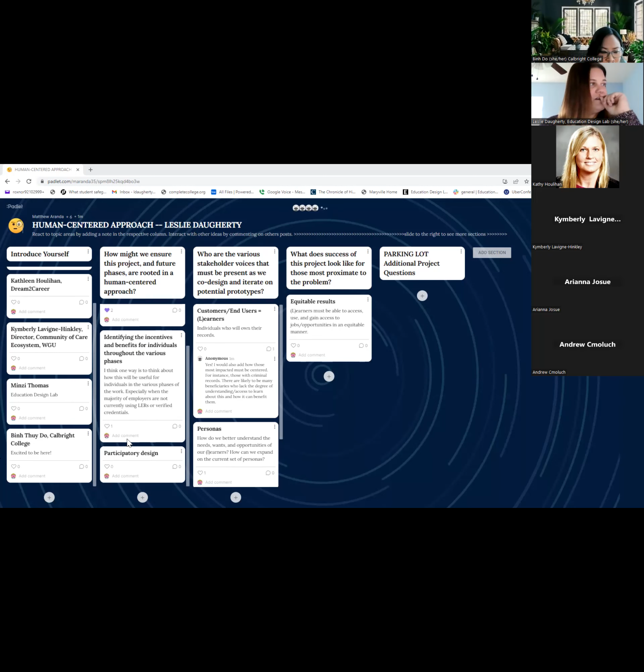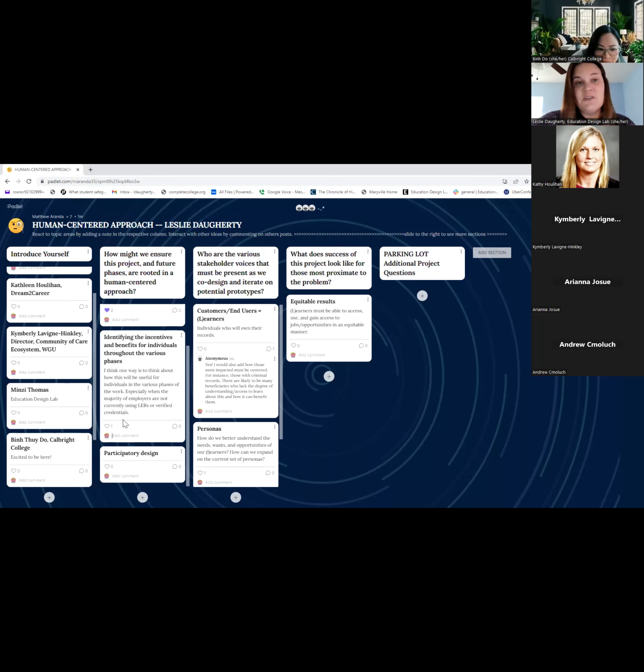And if so, is there a way to add some comments down here within that part of the process? Of course, human-centered design is continuing to test our assumptions with those that are most proximate to the problem, with our learner earners. So interested as you think about some of those assumptions within those incentives and benefits, if we can start calling some of those out to test.